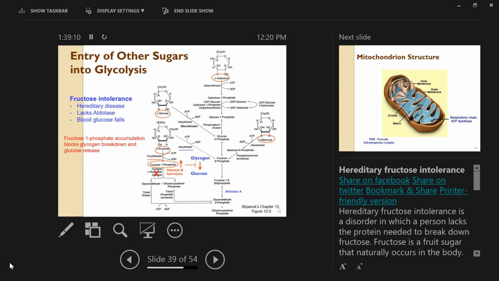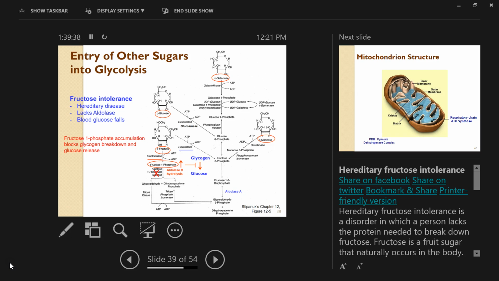So if the patient consumes a lot of fructose, and the fructose cannot be completely metabolized because of the lack of aldolase, it will cause accumulation of fructose 1-phosphate, and this will inhibit glycogen breakdown and the release of glucose.